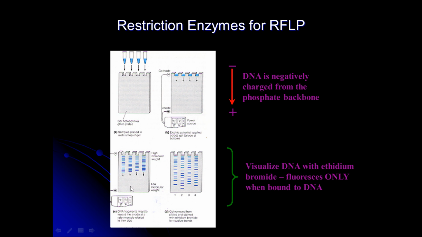When we run the gel, the DNA molecules will be separated according to their size. The smaller molecules will come at a lower position, and the larger DNA molecules will be at the top.